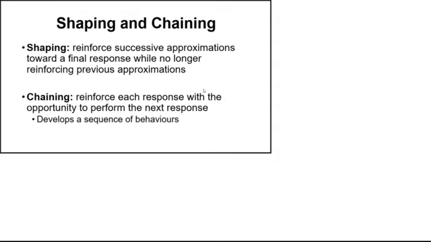So that would be a process of chaining where they drag it to the first platform so that they can drag it to the second, so that they can drag it to the third, so that they can cross the gap to get food. So we would frame it as each individual step is reinforcing not because they're getting food, but because it lets them get one step closer to the action that gets them food. So those are shaping and chaining.